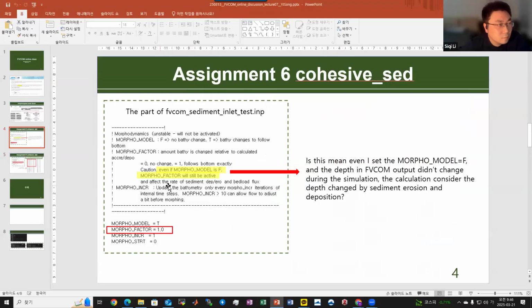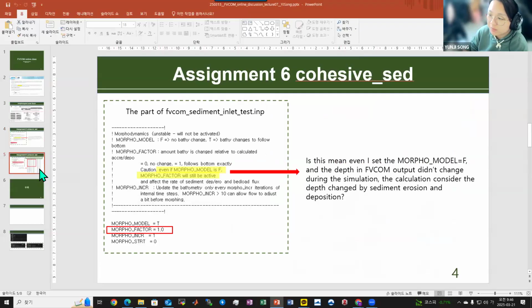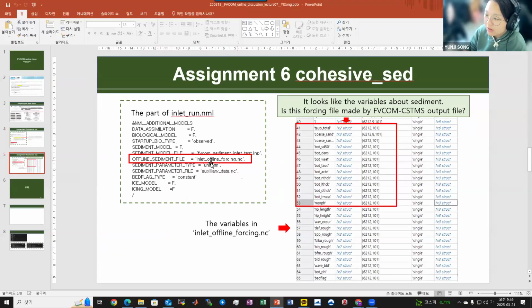If the morphology model, even the bathymetry change, is considered to calculate current or density or something like that, I want to know, is it right or not? And I checked the offline sediment forcing input file, and I see some values about the sediment.